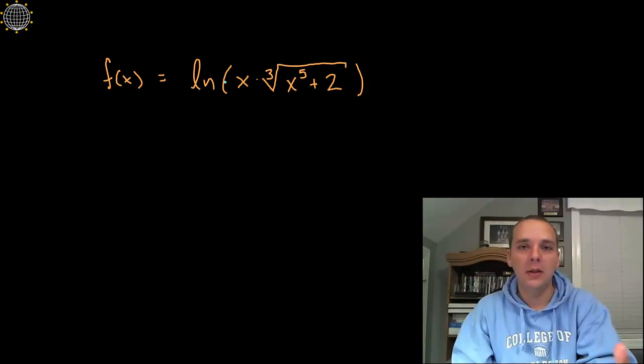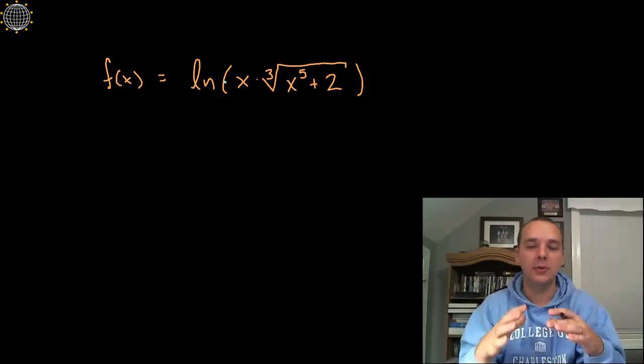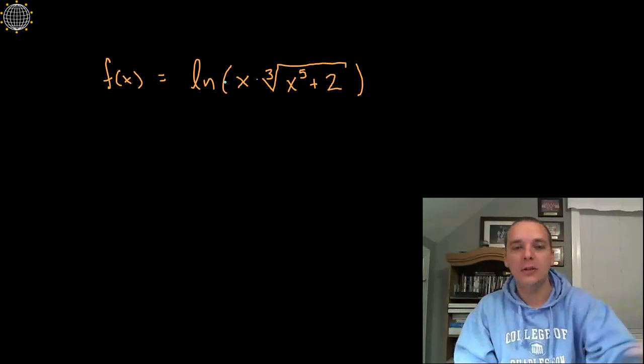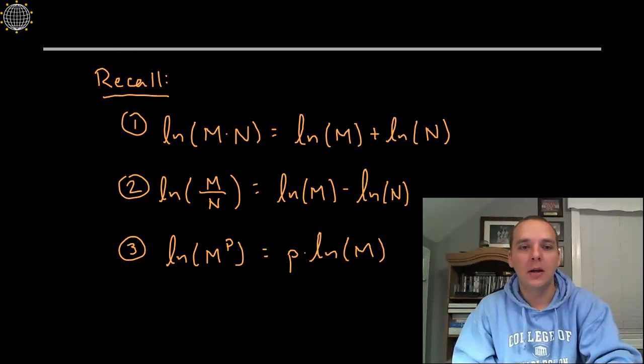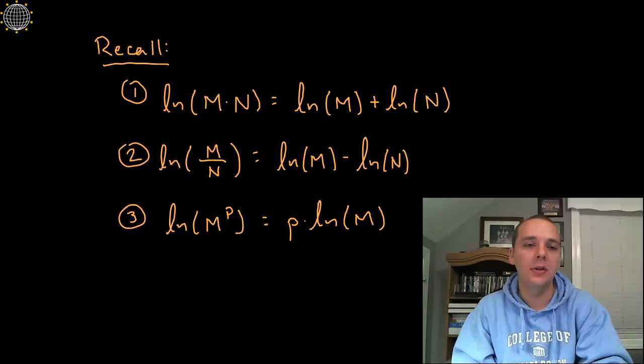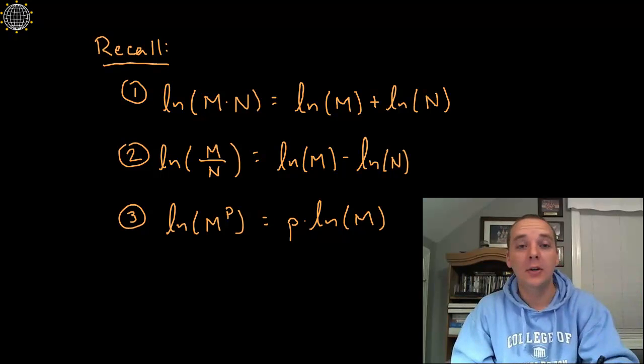You might remember that there are some algebra properties that logarithms have that can expand or contract or move terms around. It's actually true for any logarithm, but since this problem had natural logs, I just wrote it in terms of natural log.